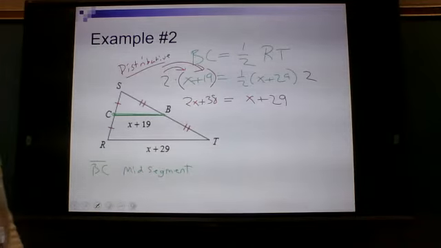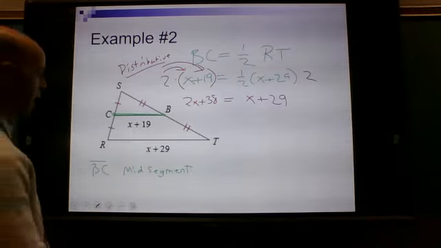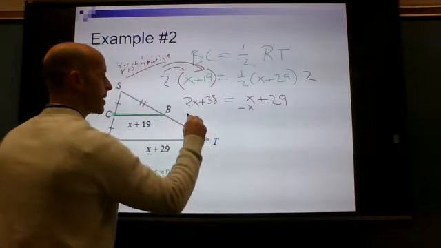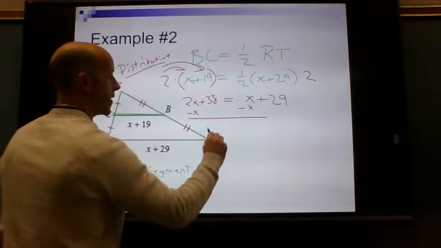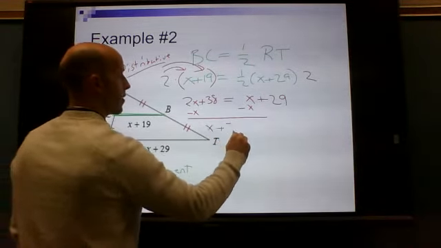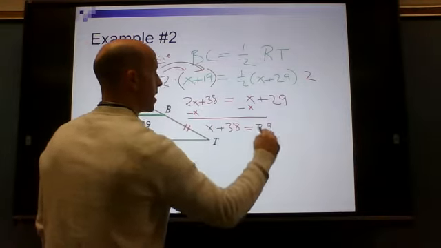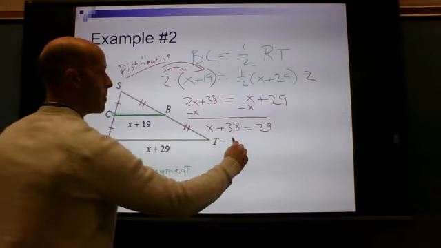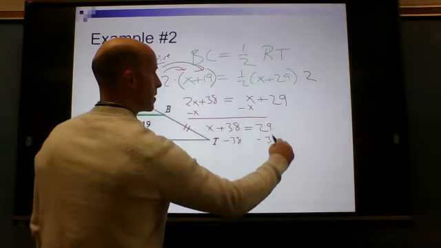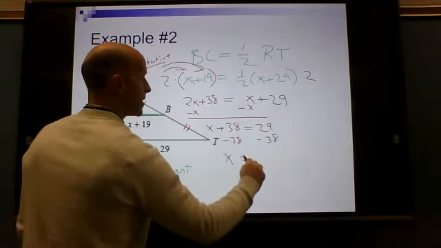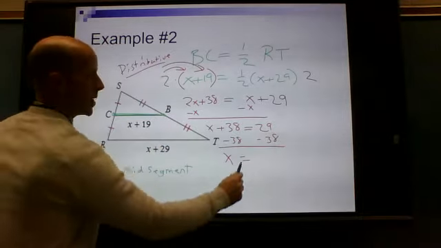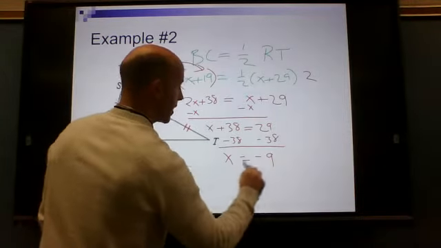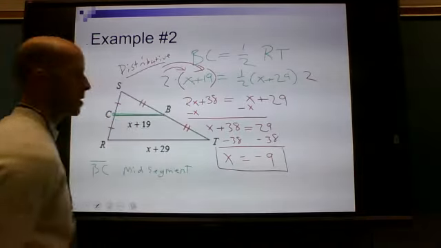Now we've got to figure out how to get all the variables isolated. So I think I'm just going to minus x on both sides. So that's going to give me x plus 38 equals 29. And now what I need to do is minus 38 on both sides. So x is going to be equal to, looks like a negative 9. Negative 9.